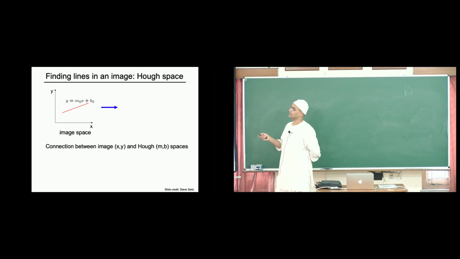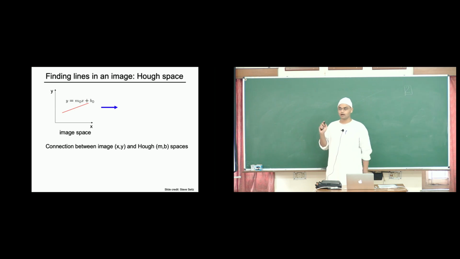So I have a line here, y is equal to mx plus b. Okay. And now if I have another space, and in that space I don't have x and y coordinates, rather I have m and b. Then this line can be represented by what? A point, with x coordinate m0 and y coordinate b0.